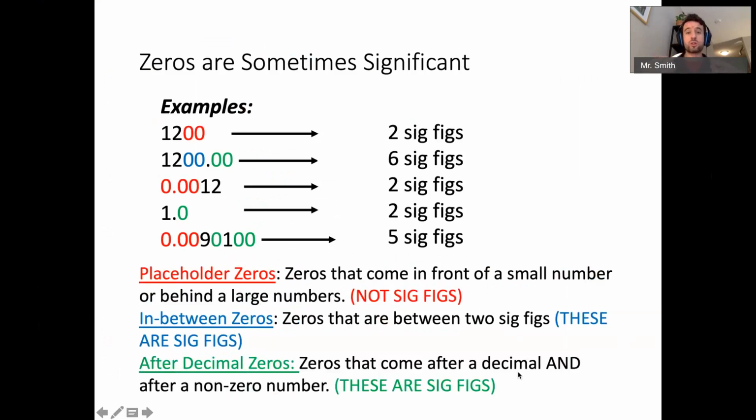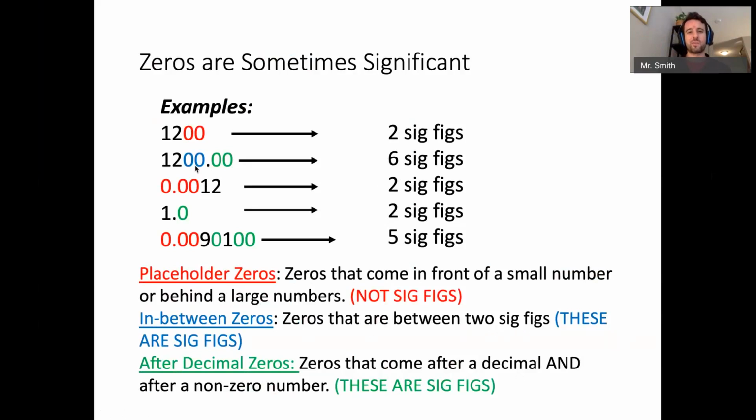A placeholder zero just kind of makes a number really big or really, really small. An in between zero comes in between a number and another significant figure. So here, in between, it's no longer a zero in between two numbers because it could be a zero in between a number and a zero after numbers that are significant, which makes it a little bit more confusing.